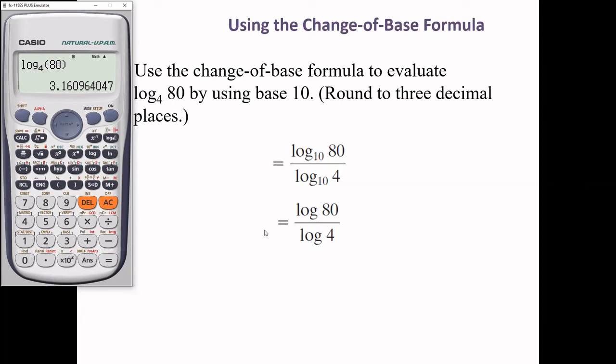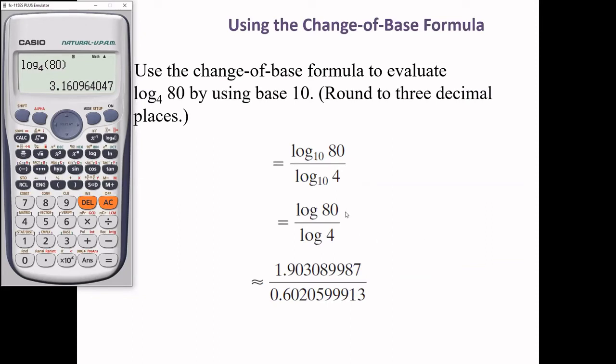equals. Now let's go ahead and finish this over here. Over here, doing it this way, manually anyway, you'll get this answer. What they did was they took log of 80. They didn't even have a fraction key.